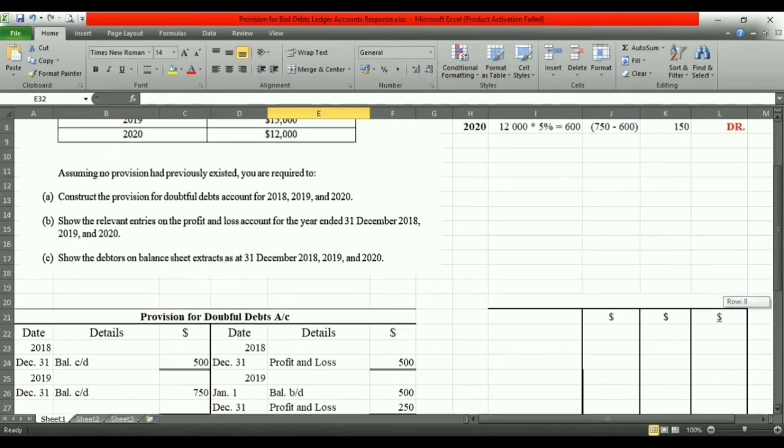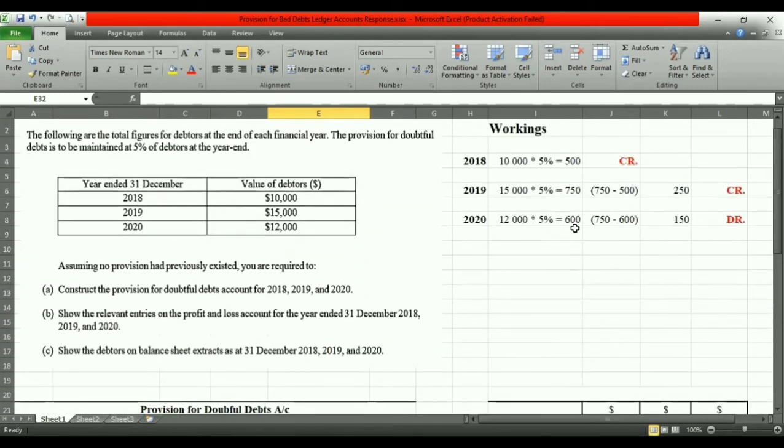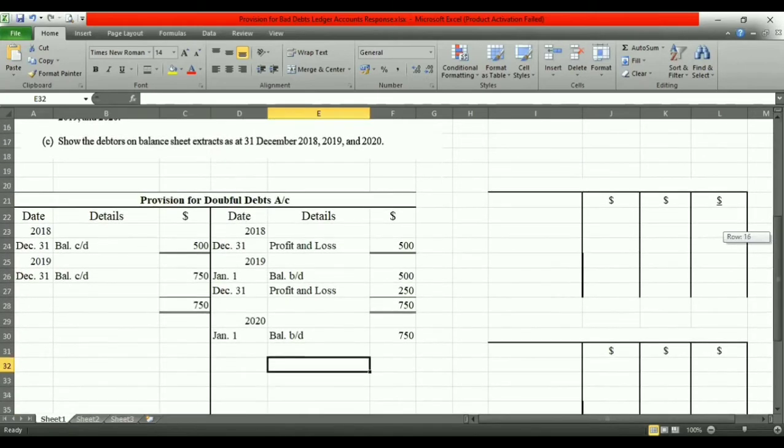Now we're into 2020. Our calculation revealed that there is a reduction of 150. This 150 must be debited to your provisions account because that's a reduction.